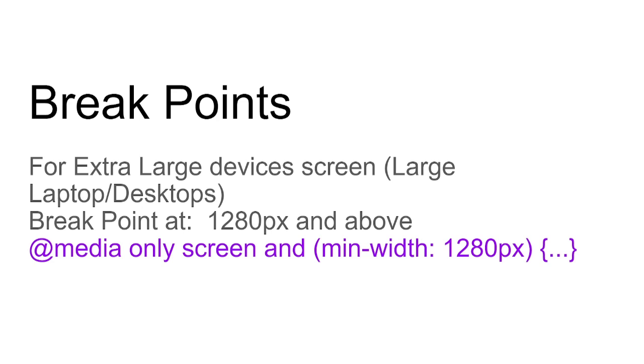Right. So that covers everything for any screen. Those breakpoints cover it, right? So let's recap. For extra small devices, anything below 640. For small devices, 640 and a little above.